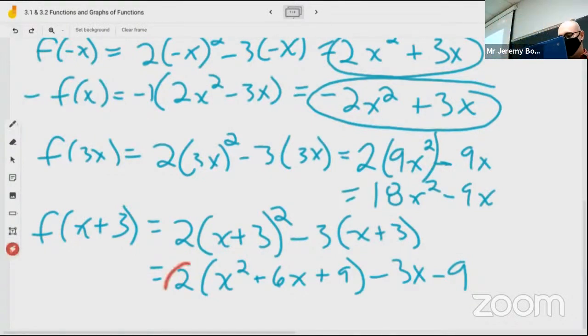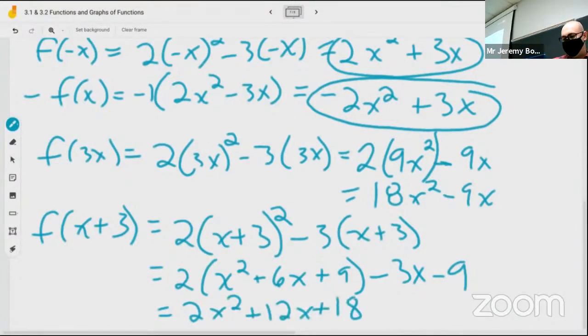And then finally, we're going to distribute the 2 for everything in those parentheses, and we'll have 2x squared plus 12x plus 18 minus 3x minus 9. And we can combine our x terms and our constants.